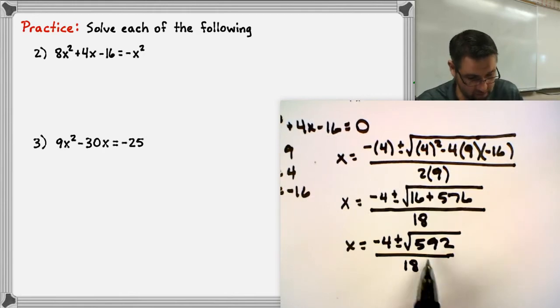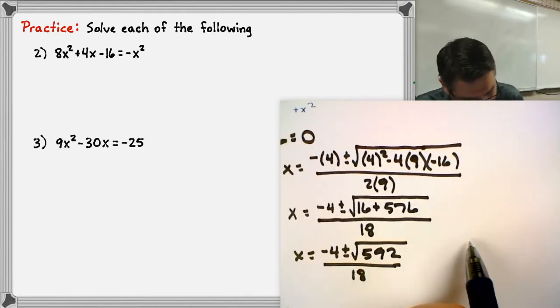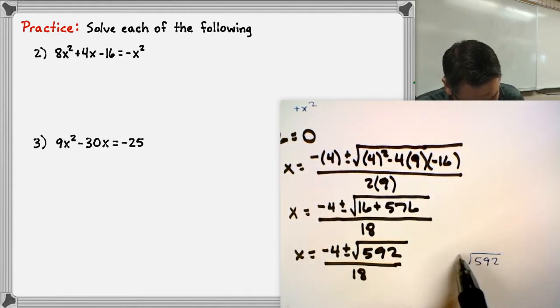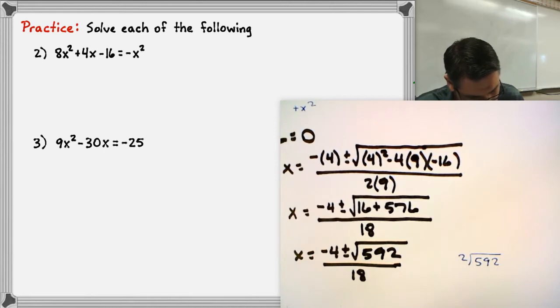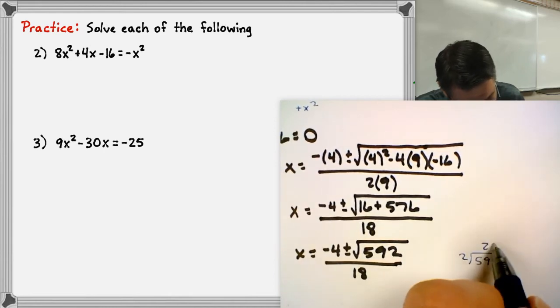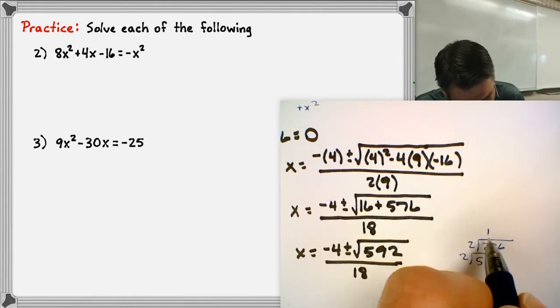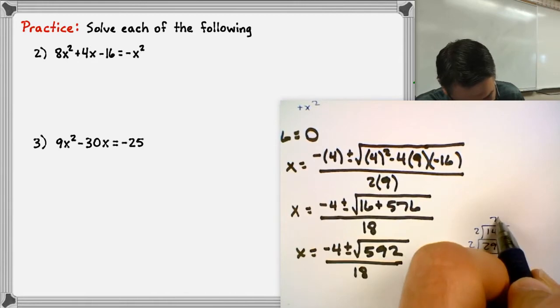We need to prison break the 592. So we're going to do that separately. We're going to deal with 592 out here. I'll go ahead and do the cake method. 592 divided by 2 is going to be 296. And then divide that by 2 again, we're going to get 148. Divide that by 2, we get 74.